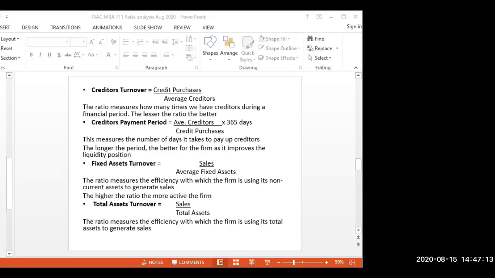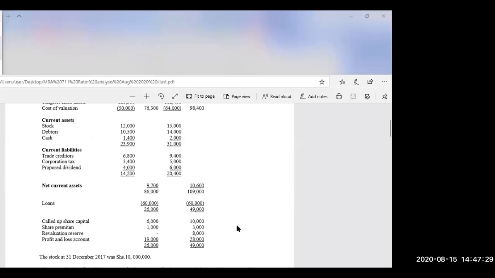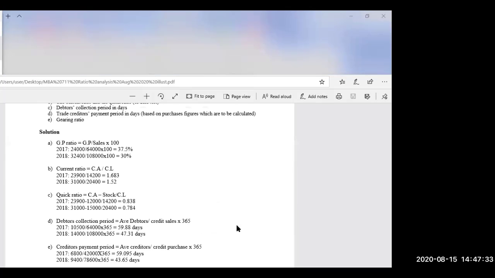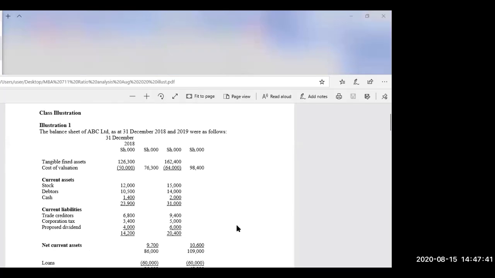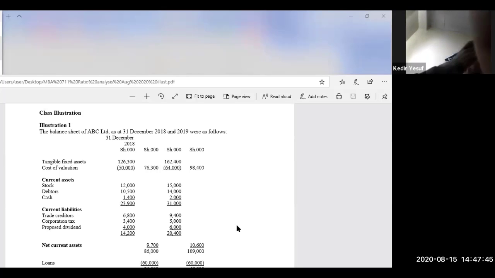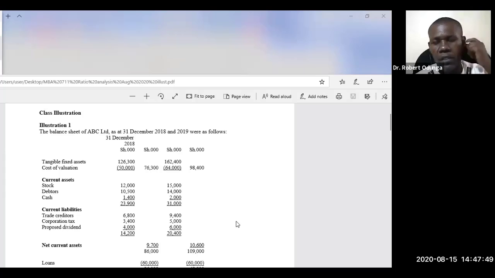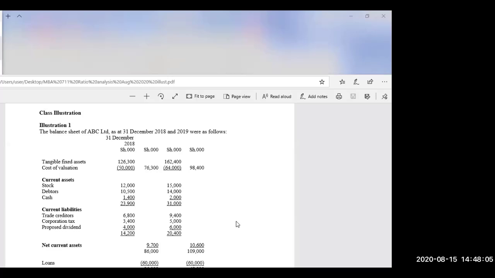So going by that, our average creditors we get from the balance sheet, which for 2018 is 6,800. The purchases are calculated by that.